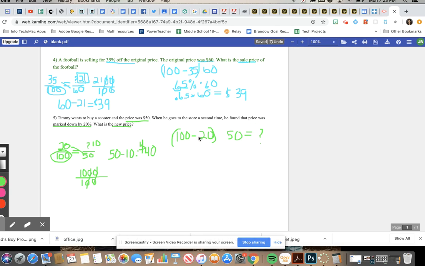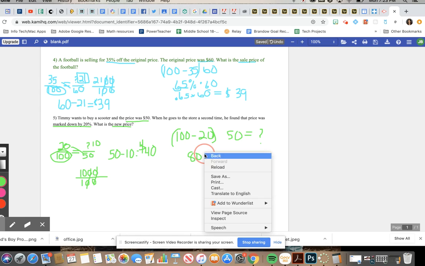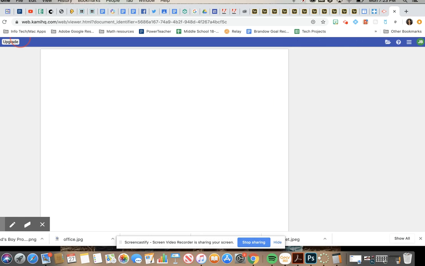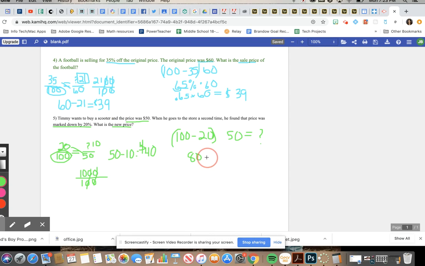So 100% minus 20% is 80%. Okay, 80% times 50. Price of the scooter originally.